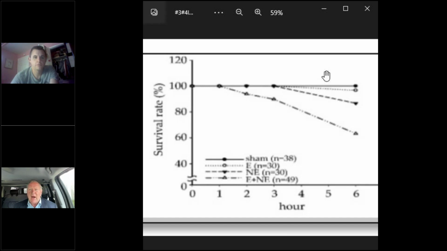How many of these people died? What have we done? There's a reason we do mice studies, rat studies, and human studies. They correlate very, very well. So if this is the line that you see in mice, this is pretty much the line you're going to see in humans.